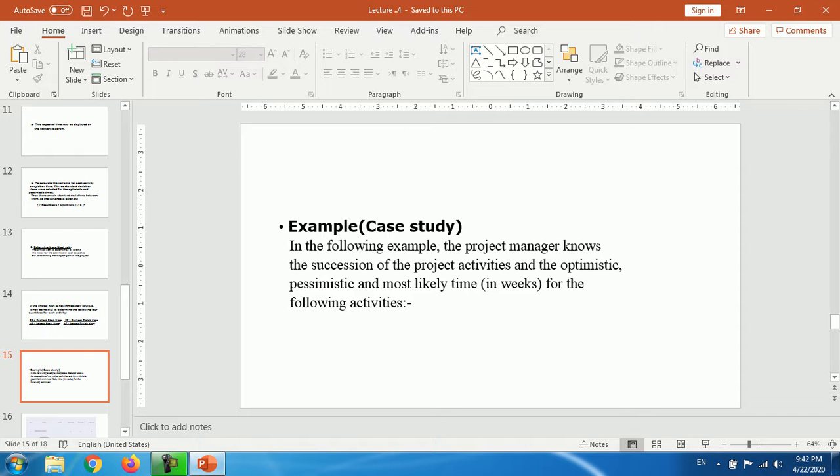Example as a case study. In the following example, the project manager knows the succession of the project activities and the optimistic, pessimistic, and most likely time in weeks for the following activities.